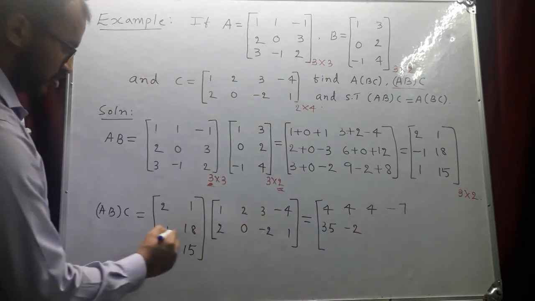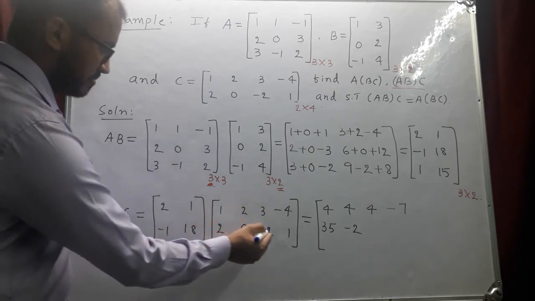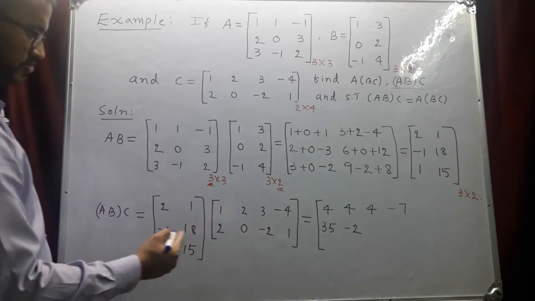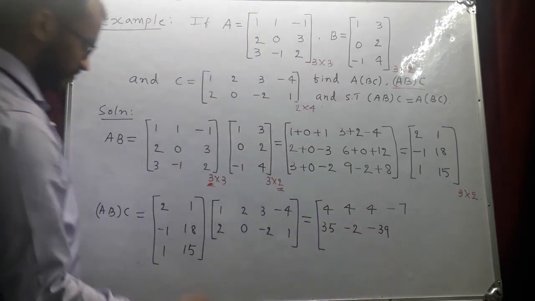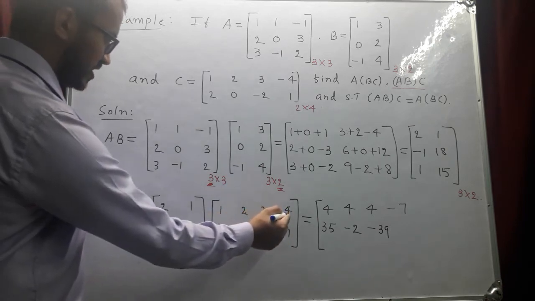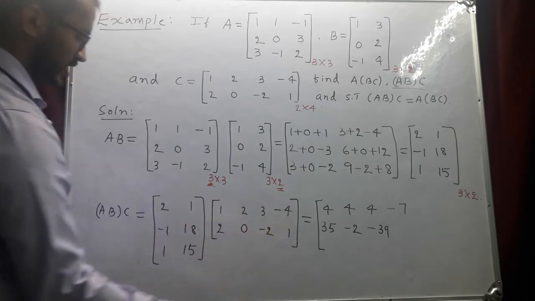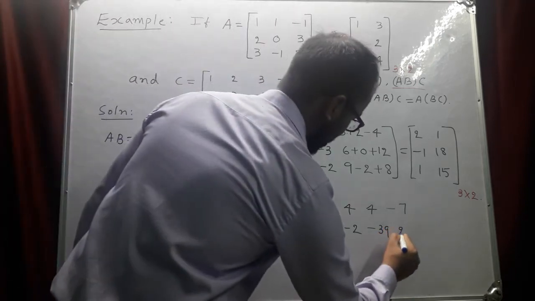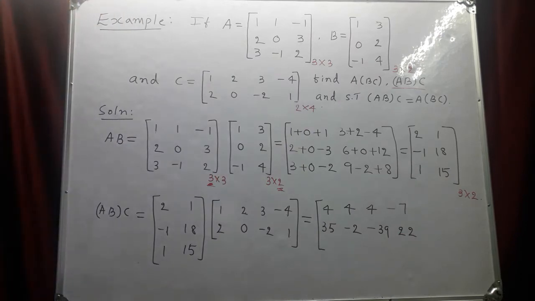Second row, third column: minus 3 minus 36, so that is minus 39. Second row, fourth column: minus 1 into minus 4, that is 4, 4 plus 18, we get 22. So these are the second row elements.